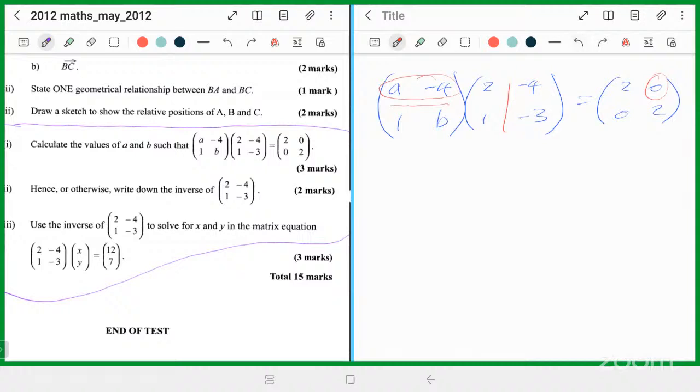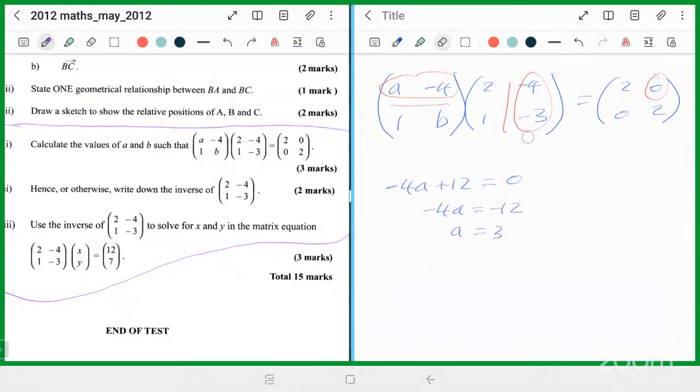If I'm using the 0, it will be A times -4, so -4A, and -4 times -3 is positive 12. That is equal to the 0. Transposing the 12, I get -4A equals -12. Divided by -4, negatives cancel, and I get A equals 3.